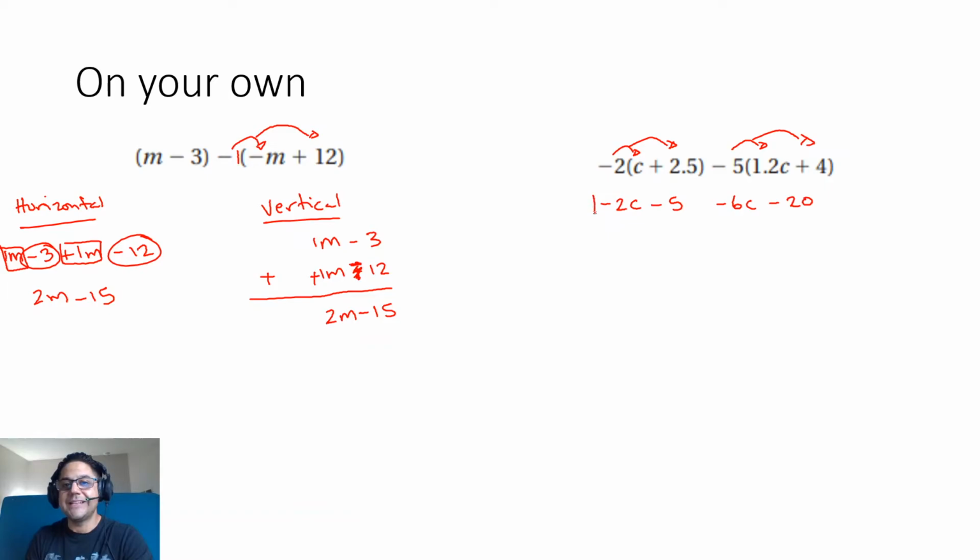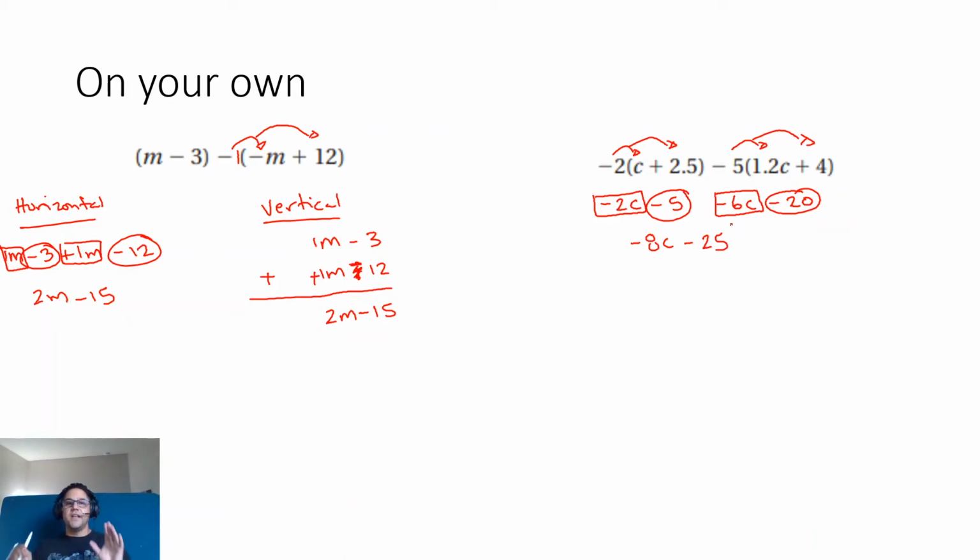All right, identify. Negative 2c, negative 6c is negative 8c. Identify. Negative 5, negative 20 is negative 25. So again, my suggestion is stick to the horizontal method. If you want to try the vertical, up to you.